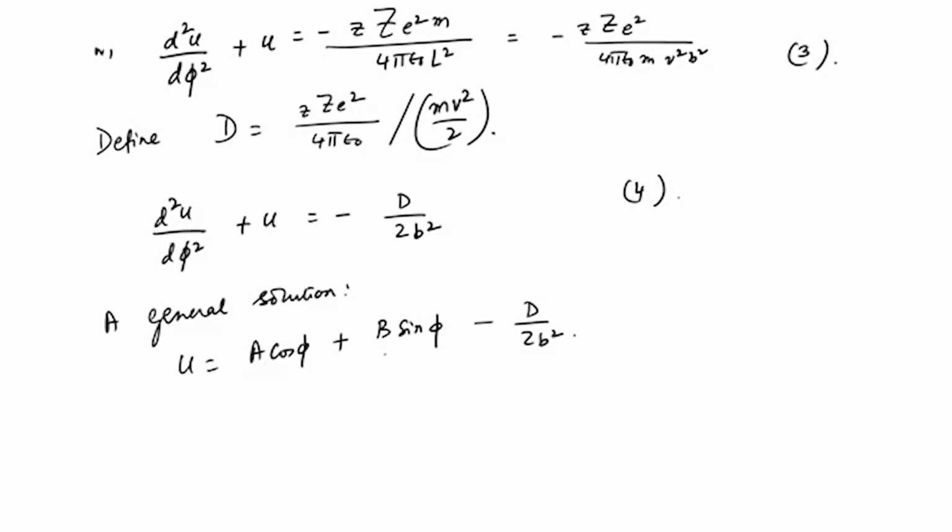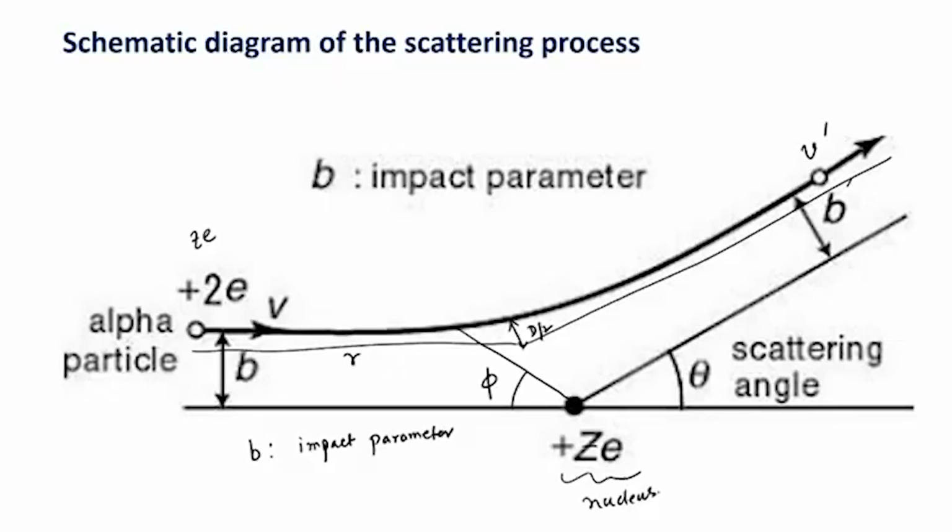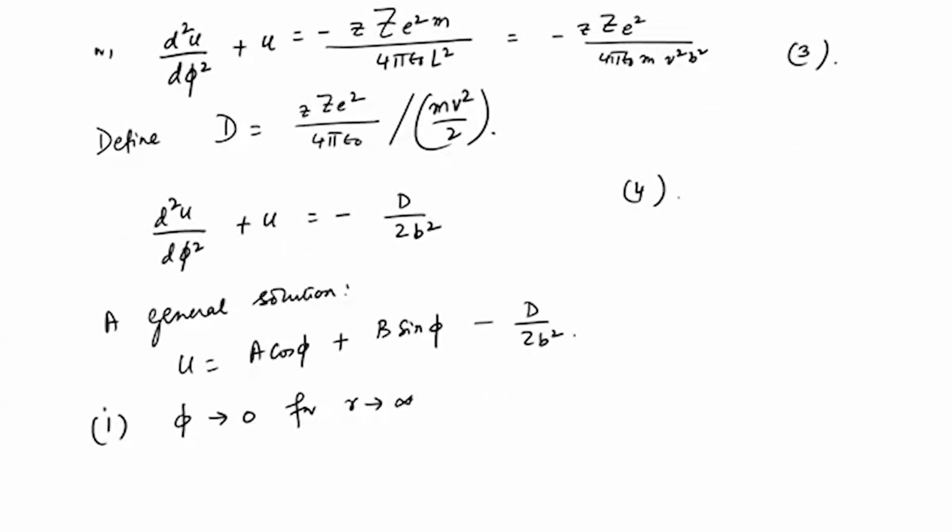So, a and b are constants which need to be determined from the conditions that we have. And what are the conditions? The conditions are that phi goes to 0 for r going to infinity. So, as you see, the angle is phi. So, if it is infinity, this phi will go to 0.